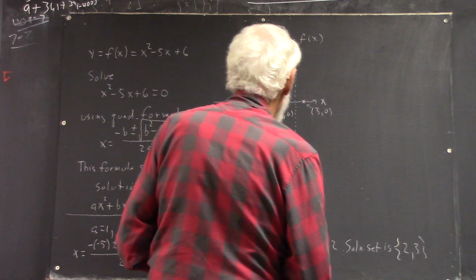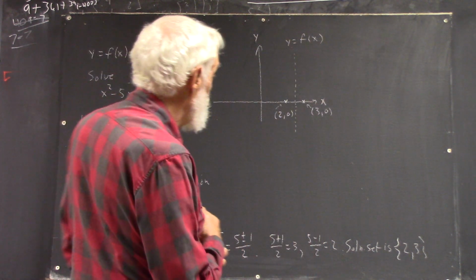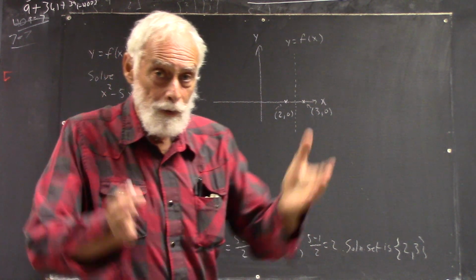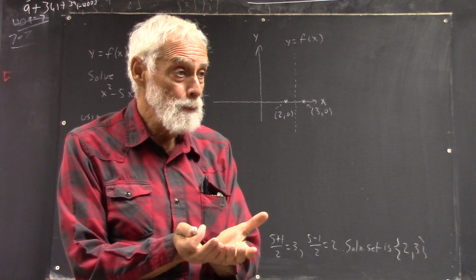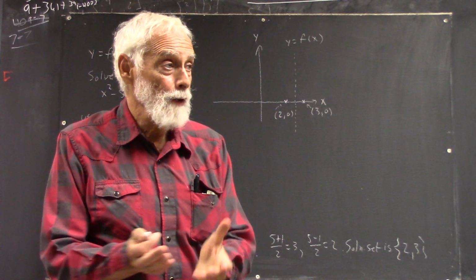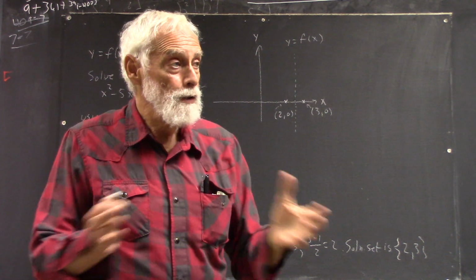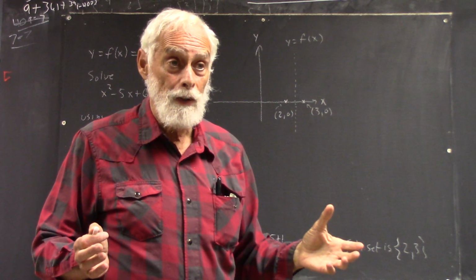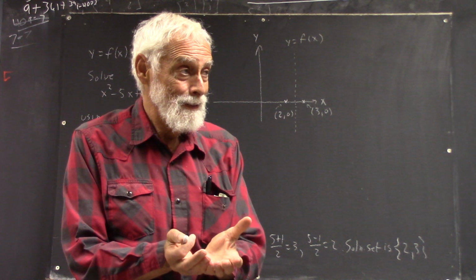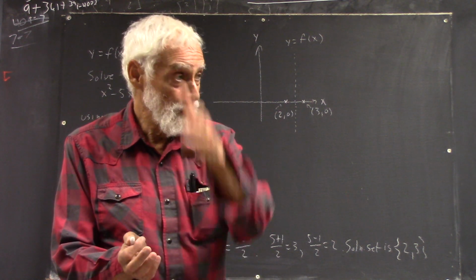Okay, well, in any case, since this is a parabola, it's symmetric, symmetric about a vertical line through the vertex. Nothing you can do by stretching or shifting it is going to change that. The vertex is still going to lie on the axis of symmetry, a vertical line.